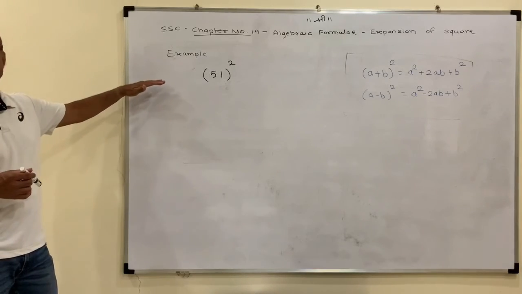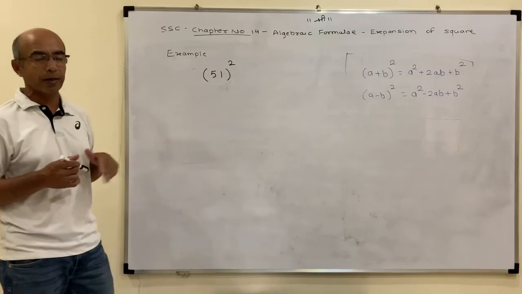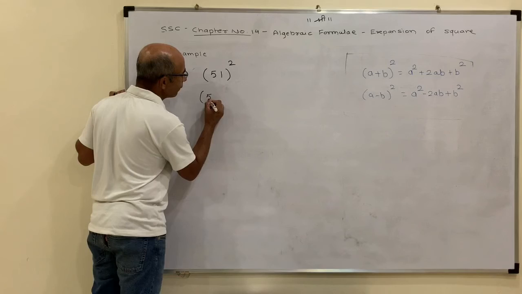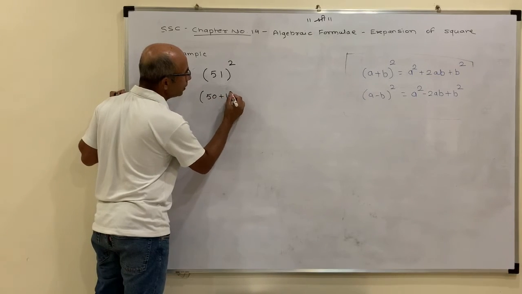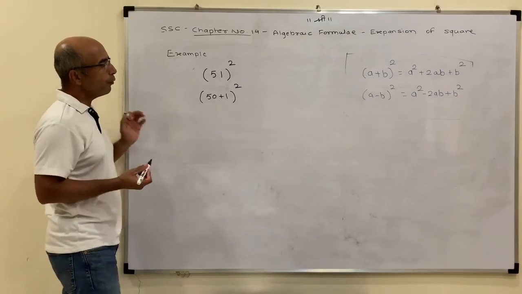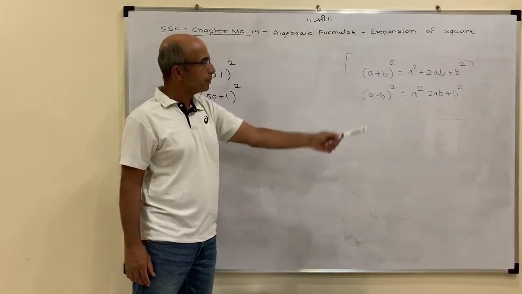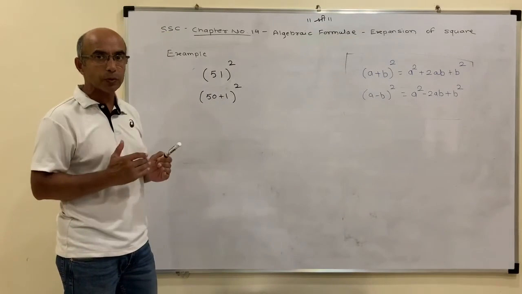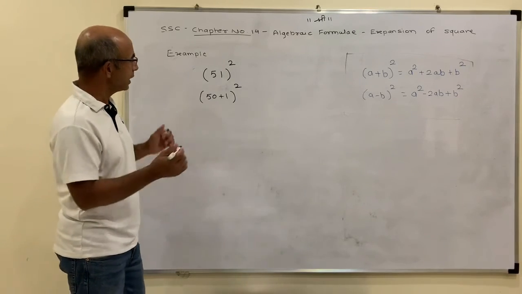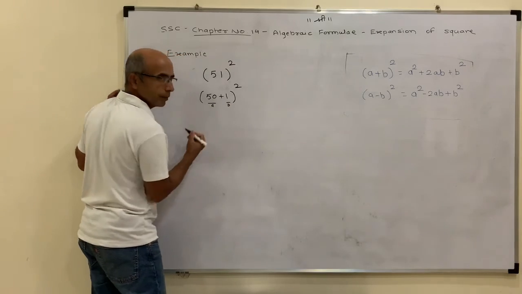Now let's take one more example. What we are finding is 51². Now 51 can be written as (50 + 1)², right? So here we'll be solving with the help of this formula: (a + b)² = a² + 2ab + b². In this case, 50 is my a and 1 is my b.